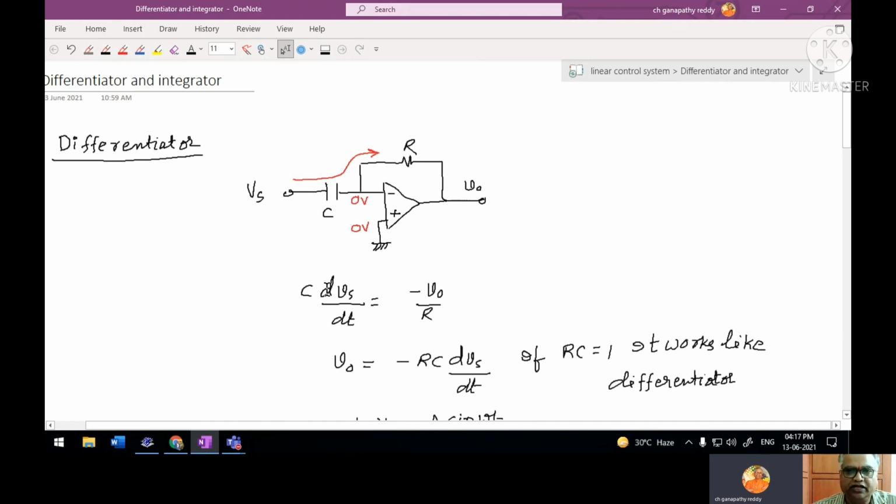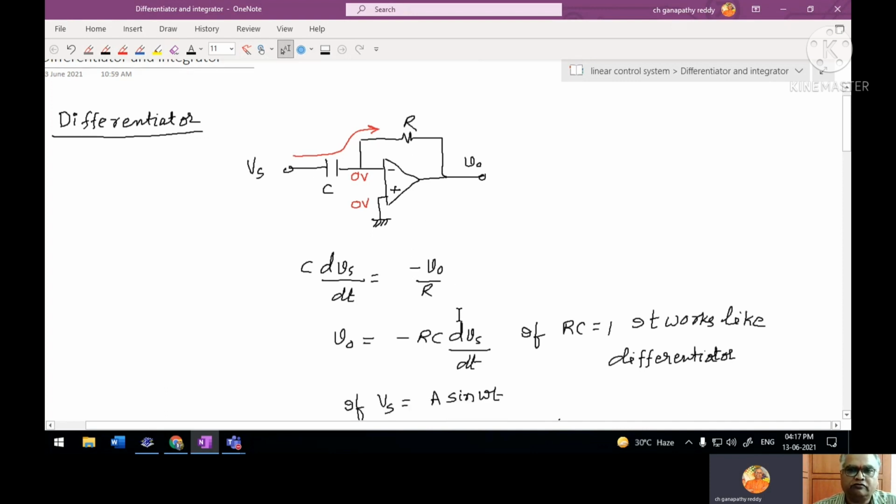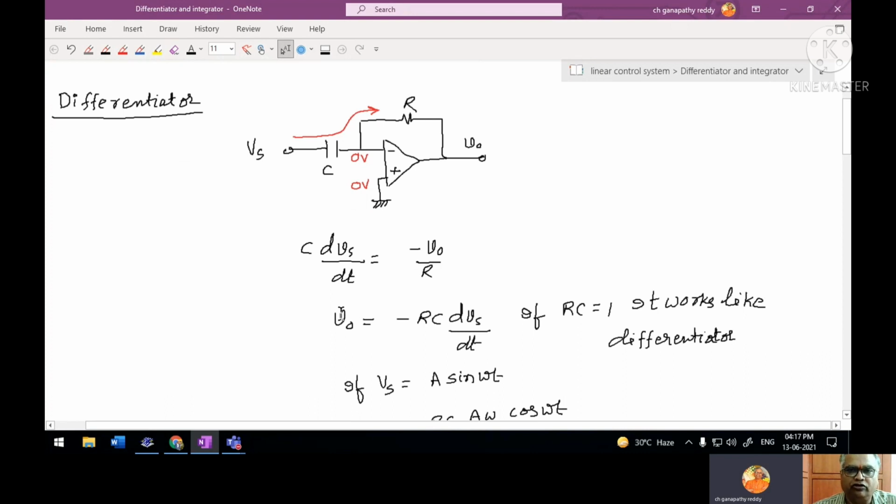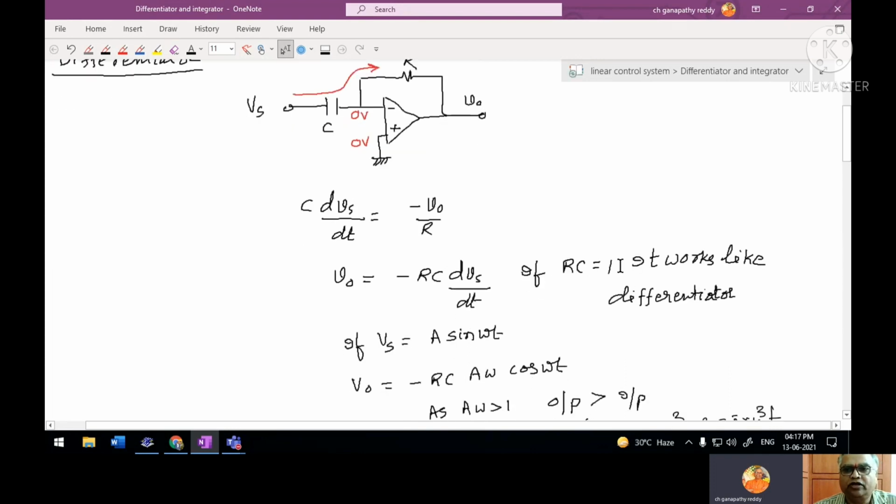So C d/dt of Vs is equal to, this current cannot go into the op-amp, so current will flow through this resistor R, that is 0 minus V0 by R, which is minus V0 by R. Solving for V0, that is minus RC dVs by dt. If you choose the RC product as 1, output is nothing but the derivative of input. Therefore, it works like a differentiator.